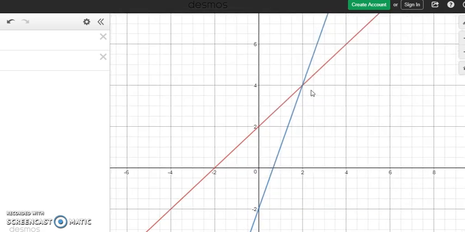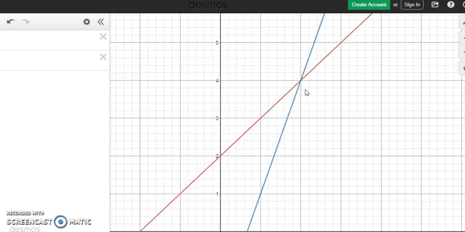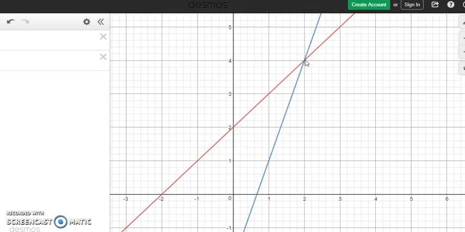Oh, look, these two lines intersect each other at 1 point. Let's find the coordinate of this point: it is exactly x equal to 2, y equal to 4. So at this point, we conclude that this is a solution for the system.